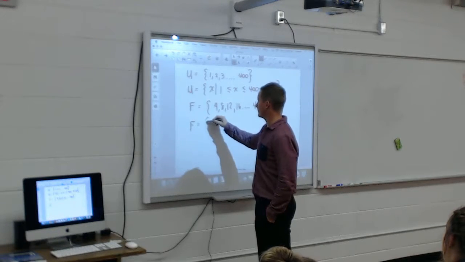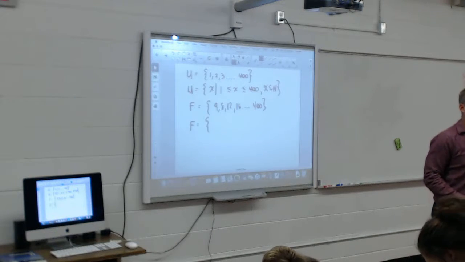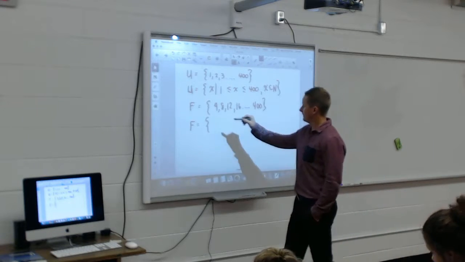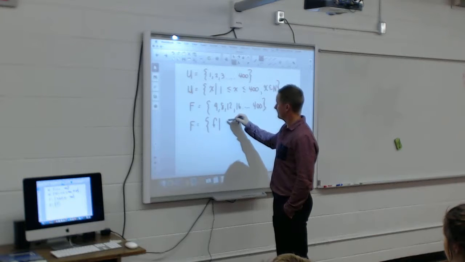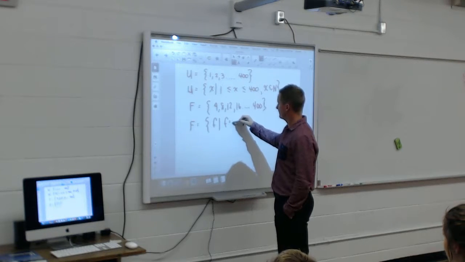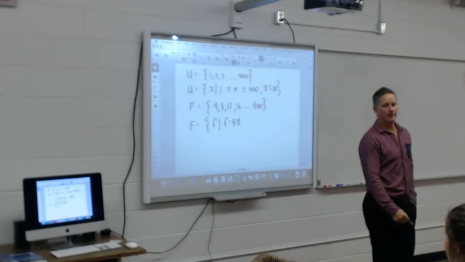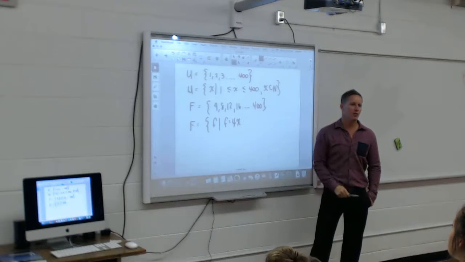So how do I write this without writing out all of that? How do I show that? If I'm explaining the top part of this, x is all of these values, 1 to 400.